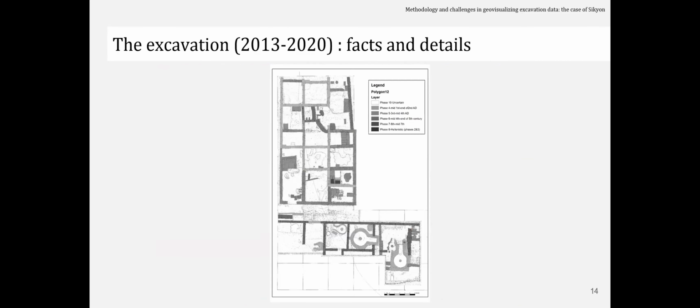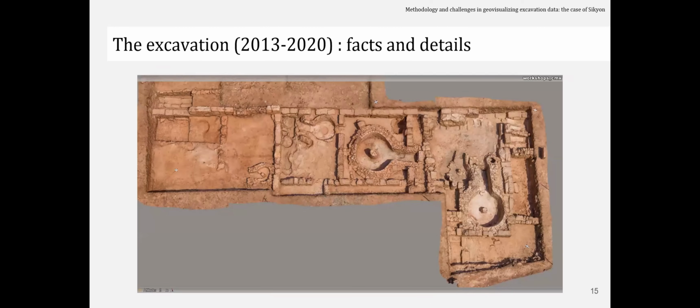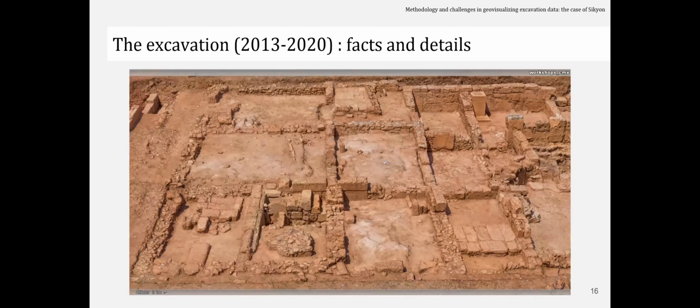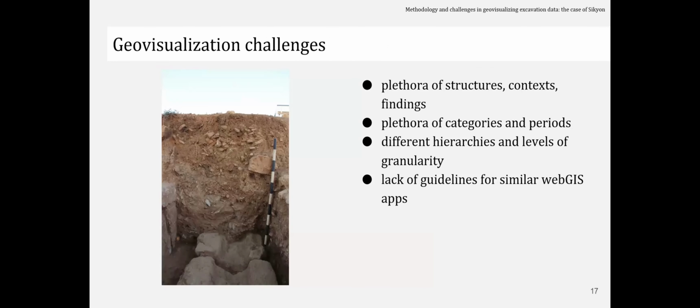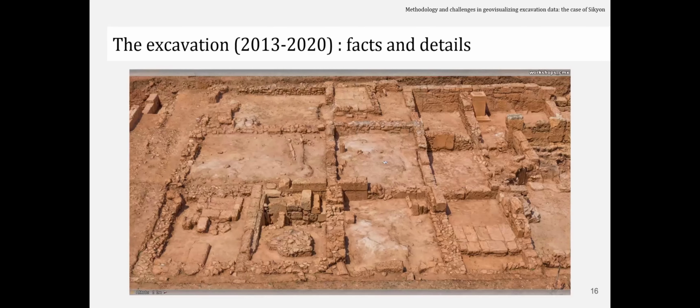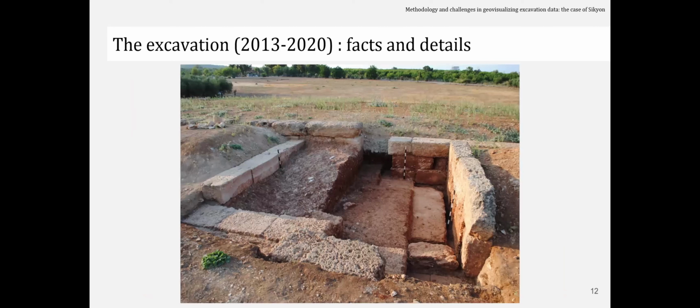And here is the workshops, the industrial area with different phases. Among the installations that were excavated, we can single out 5 ceramic kilns, 1 basin, 1 treading floor, and 2 stone platforms. So that's it, and Spiros is going to continue.